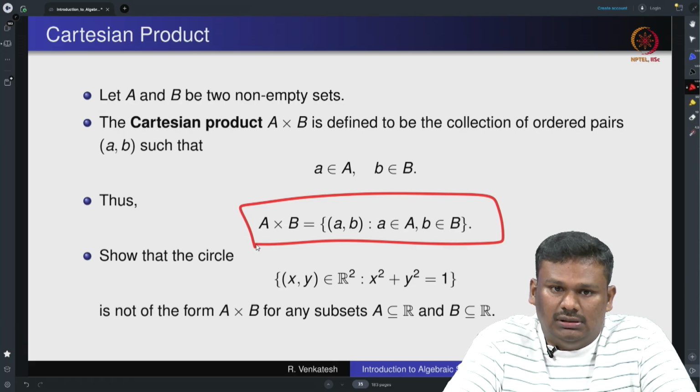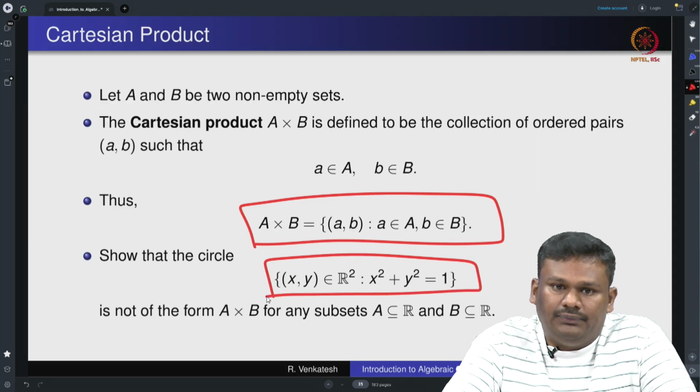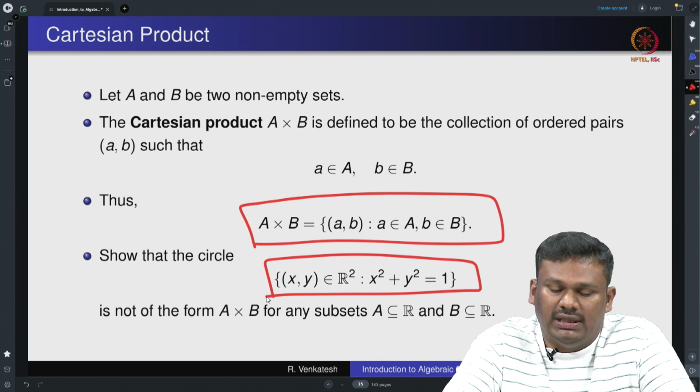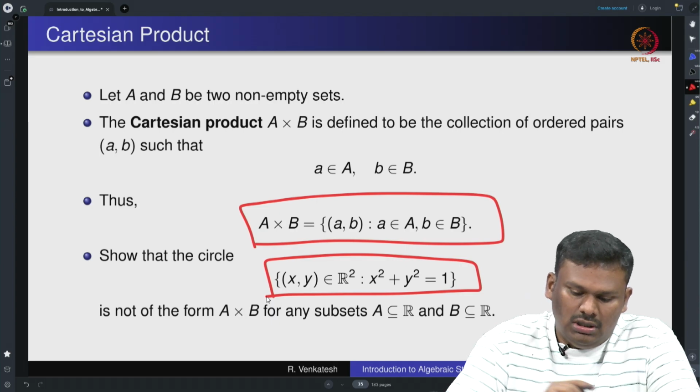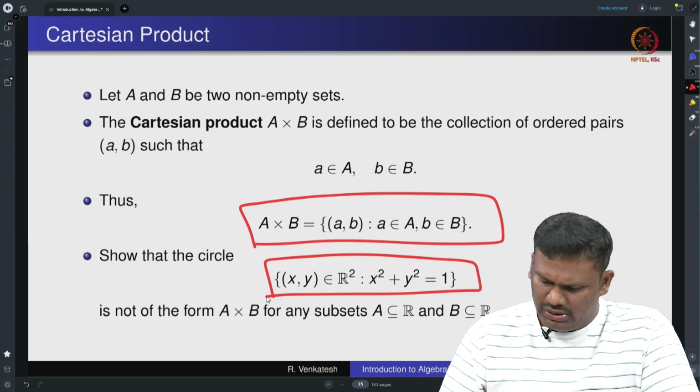For example, the circle in R2, which is defined as the collection of points (x, y) in R2 such that x squared plus y squared equals 1, is not of the form A cross B for any subsets A and B of R. Okay. So, this is emphasizing by giving a counterexample.